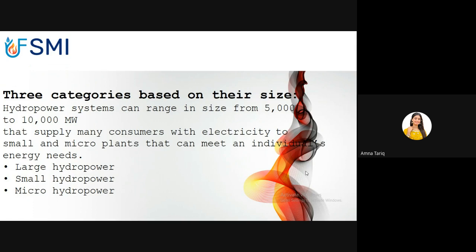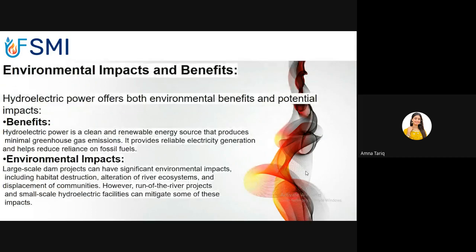Small hydropower means almost 100 kilowatts of electric capacity. And micro hydropower means the capacity is enough to produce electricity for a home or village.